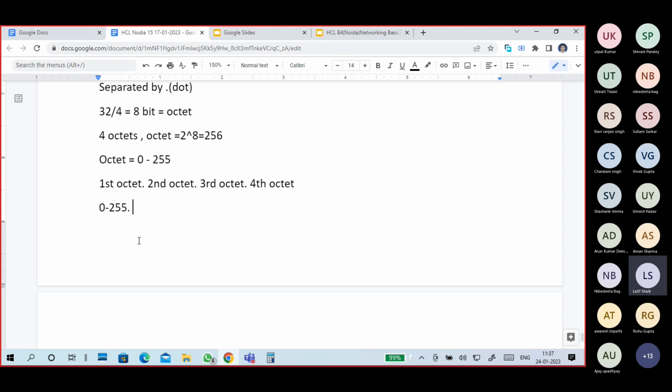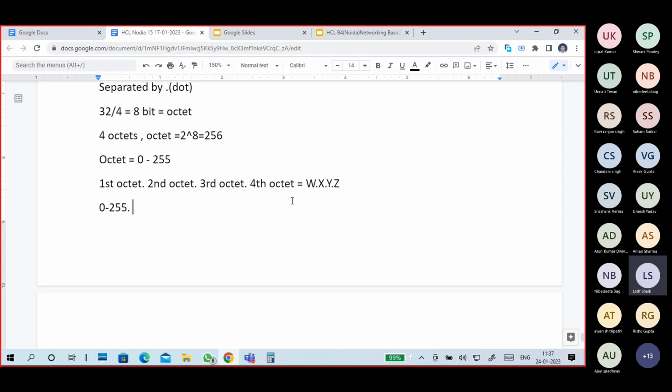So one octet, the range is 0 to 255. Some people will tell it differently for understanding: in certain textbooks, W, X, Y, Z. Generally, I use octet names only: first octet, second octet, third octet, fourth octet. But maybe in future you see a textbook or someone's video, or some question given in a W, X, Y, Z manner, so don't get confused.